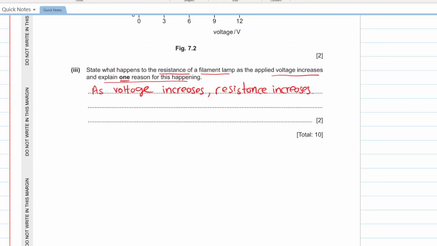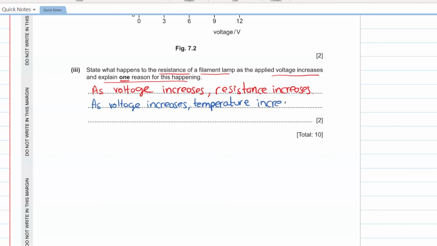Now, why is this the case? Explain one reason for this happening. Why does the resistance increase as the voltage increases? You will write a very simple answer here. You will say, as voltage, now please see what I'm writing. Voltage increases, temperature increases.